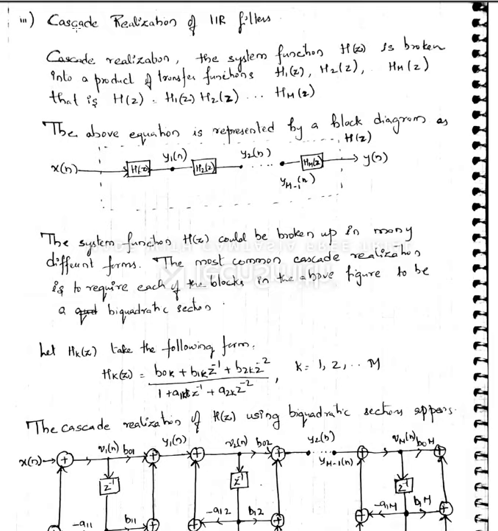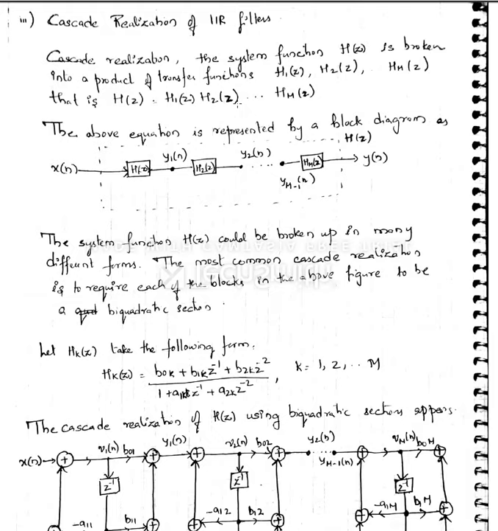So what you do, as we did in direct form 2, is split that into multiple transfer functions. Like if you have H of z, it will be split into multiple smaller transfer functions, and the main transfer function will be the product of all these individual decomposed transfer functions.